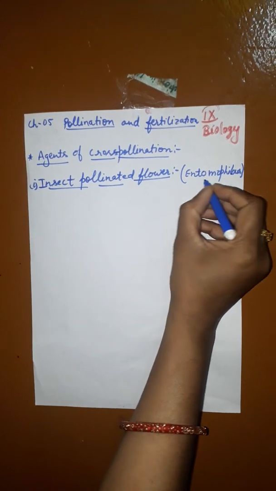Pollination by insect is called entomophily. The flower which is pollinated by insects is called an entomophilous flower. This condition, pollination by insect, is called entomophily.